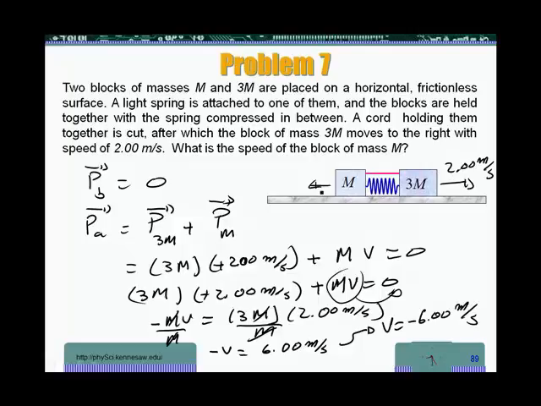So that tells us it's going to move this way at 6 meters per second in this direction. The negative sign tells us that it is moving in that direction.